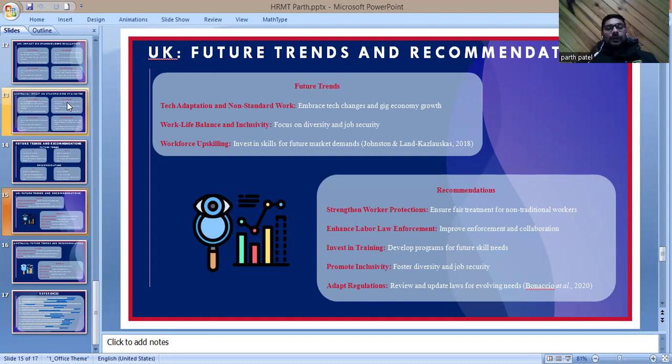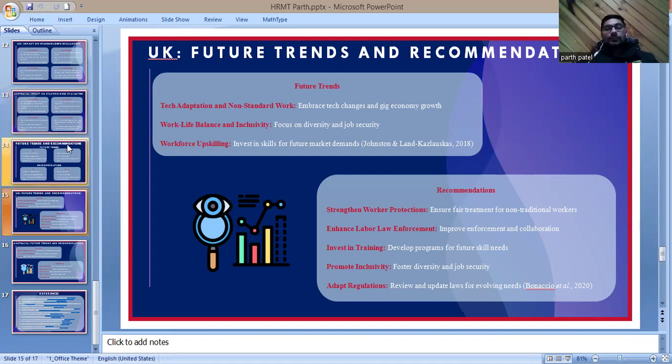And some recommendations to strengthen the employee protection: the policymakers are supported to put the policy in place for fair wages, safe workplace, as well as access to the benefits among the employees. They are also focused on developing programs for future skills. They foster diversity and job security, and they are also reviewing and updating the law and evaluating the needs.